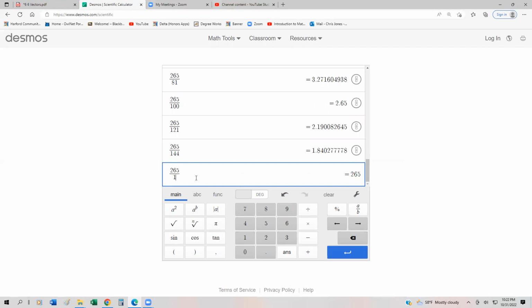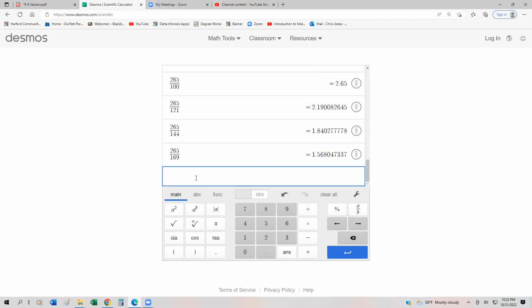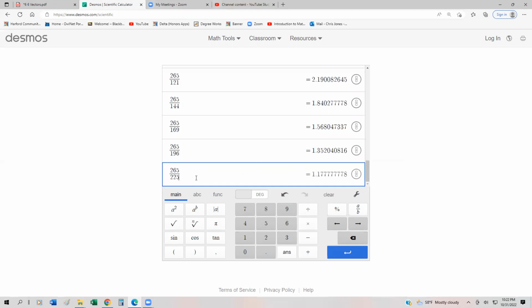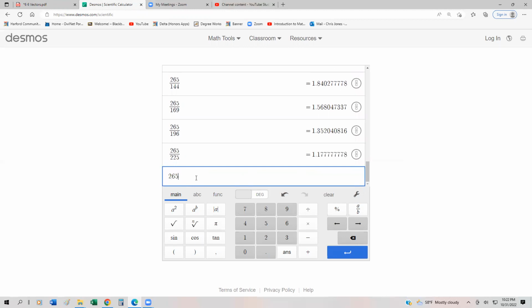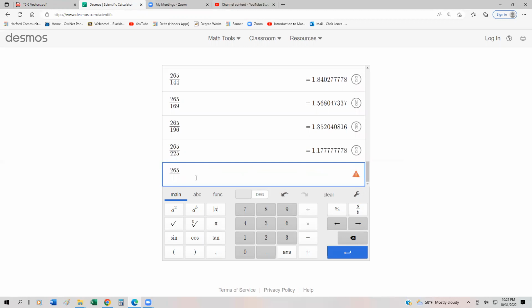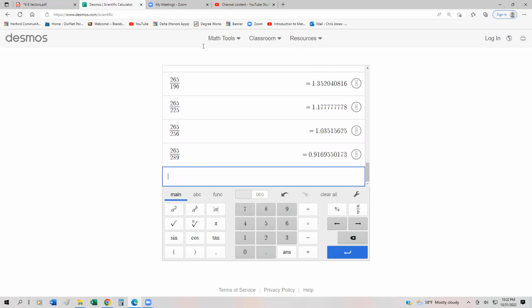All right, and these are all perfect squares. 196, 265 divided by 225. And then finally 265 divided by the next perfect square up, 16 squared, which is 256. And the next one up from that would be 289. So it doesn't work out.